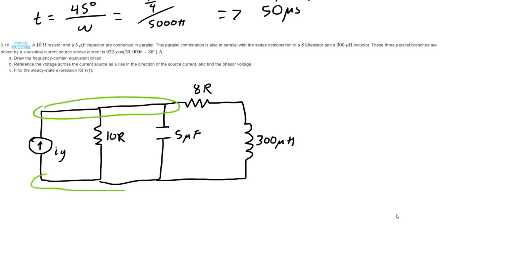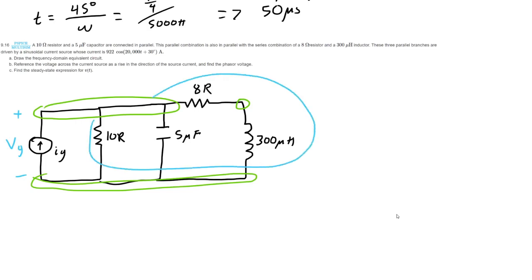Since we've got all of these reactive elements, 2 in fact, and 2 resistors, if we want to find VG, the voltage right here, all you've got to do is combine all of these elements into one impedance, and then we'll be able to use basically Ohm's law.